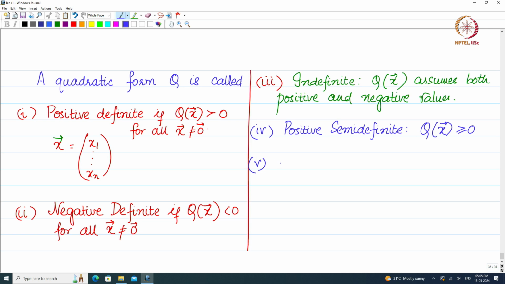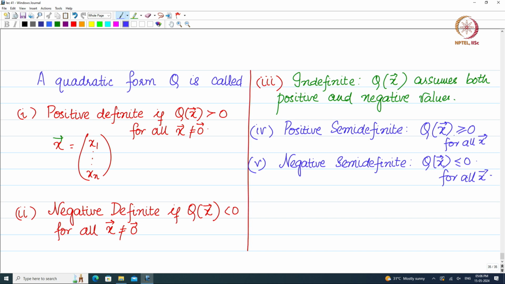We have negative semi-definite if Q of x is less than or equal to 0, true again for all x vectors.